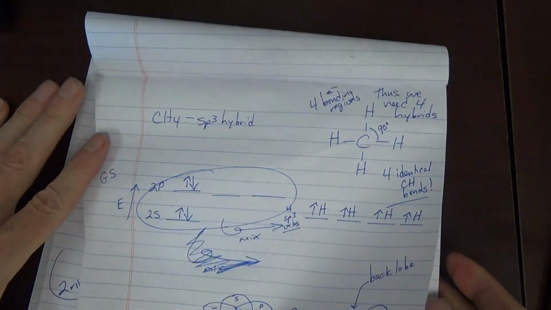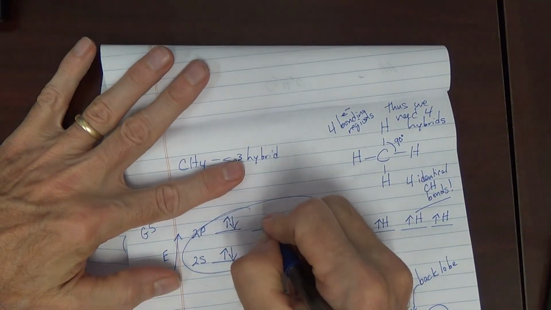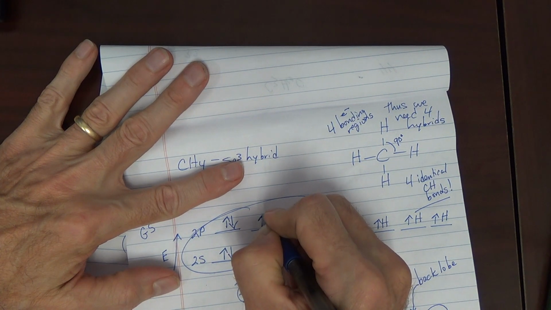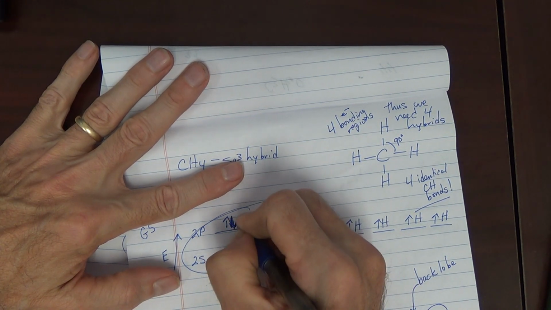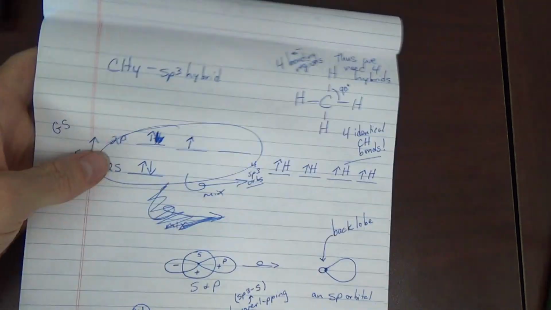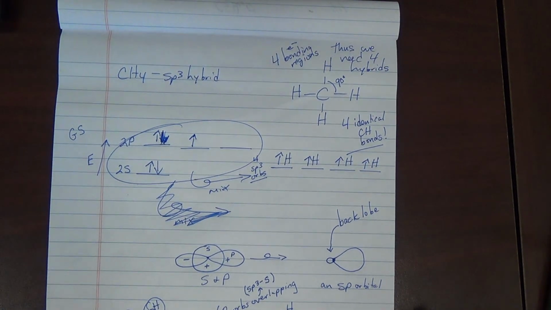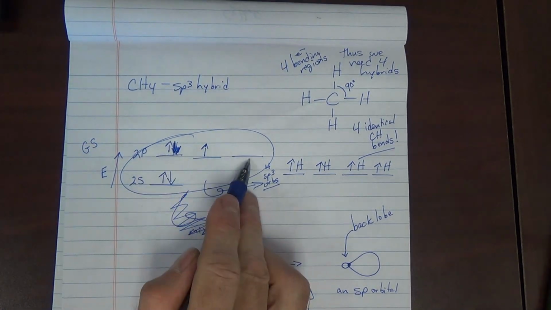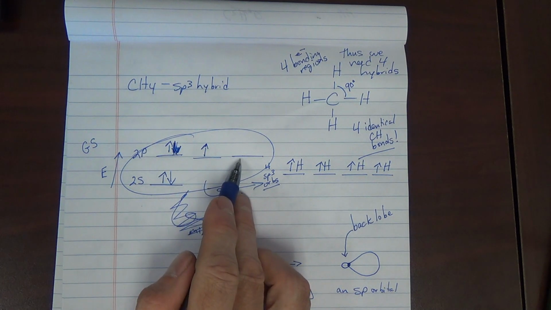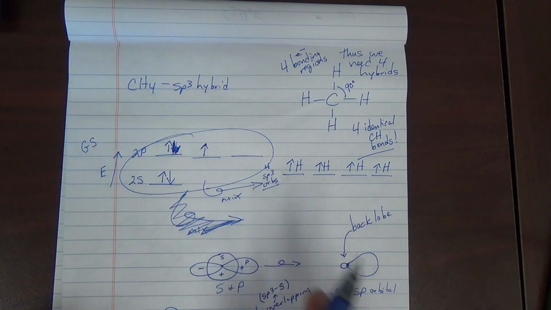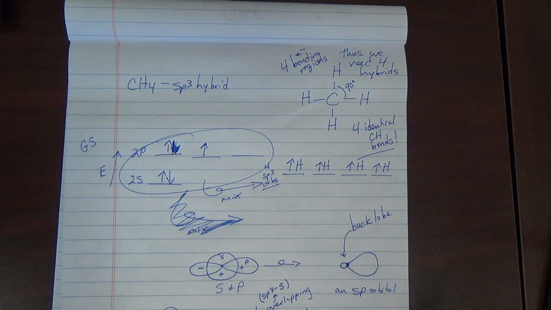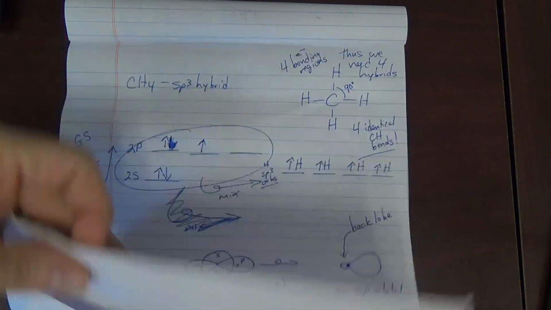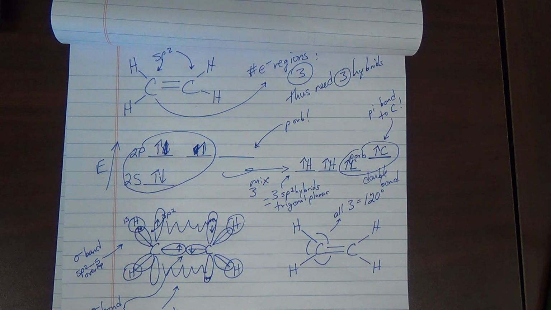Did I do it wrong over here? What rule did we break there? I say we, I should say I. I think that is we fill degenerate orbitals first before we start pairing. Is that Hund's rule? Is that right? I haven't had Gen Chem in a few years.